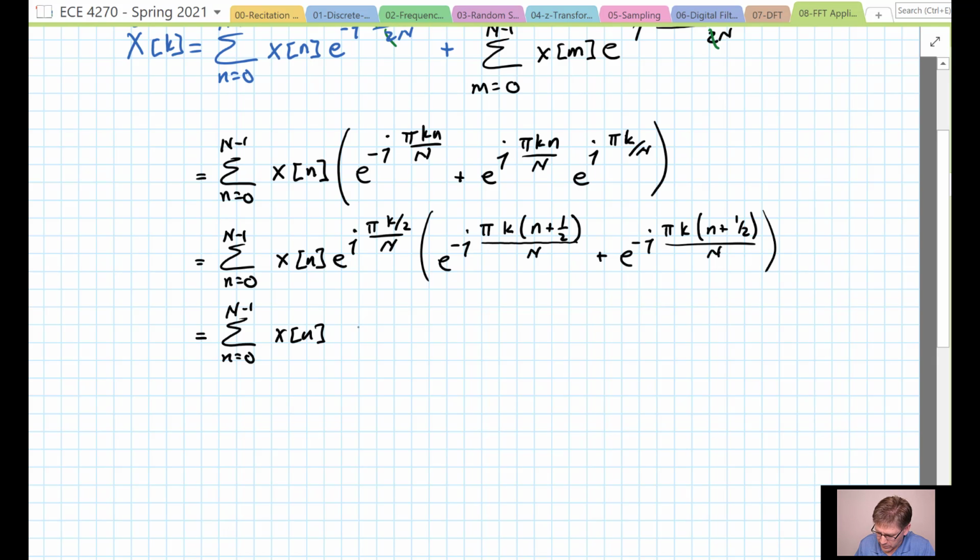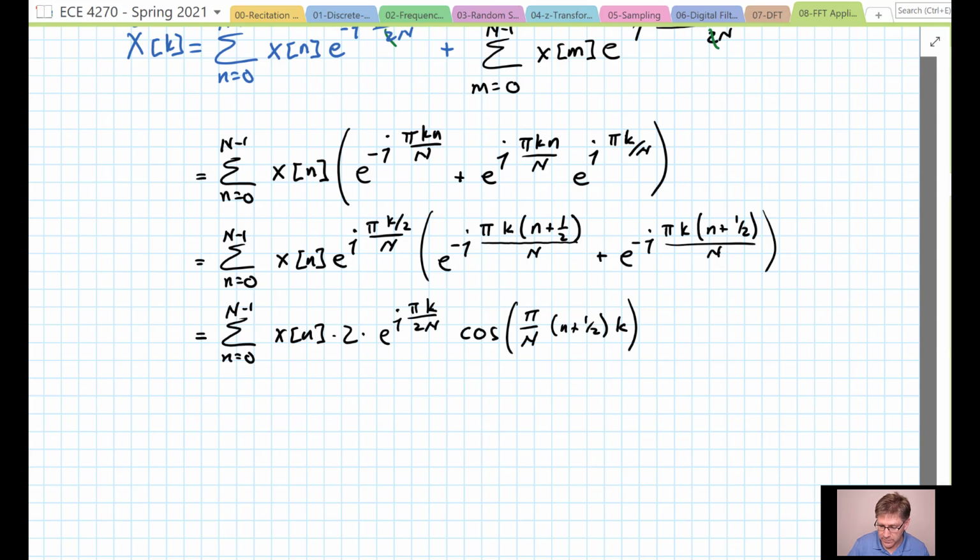What we really want is a real transform, and this pi k, I'll put the 2 down below, over 2N cosine pi over N (n plus 1/2) k.